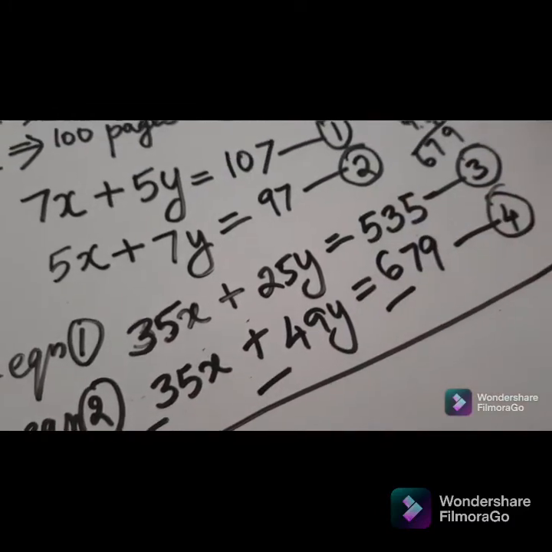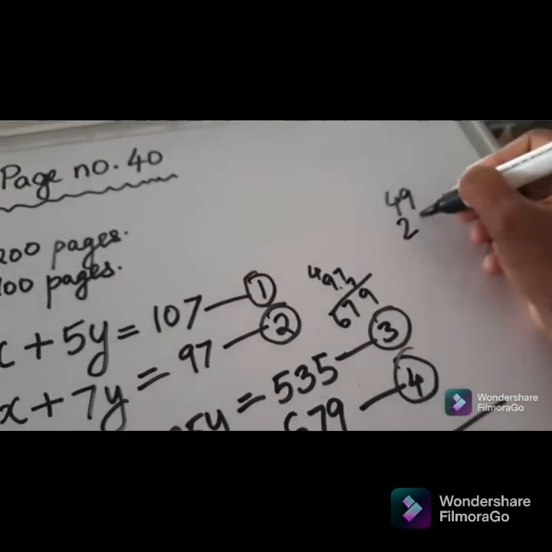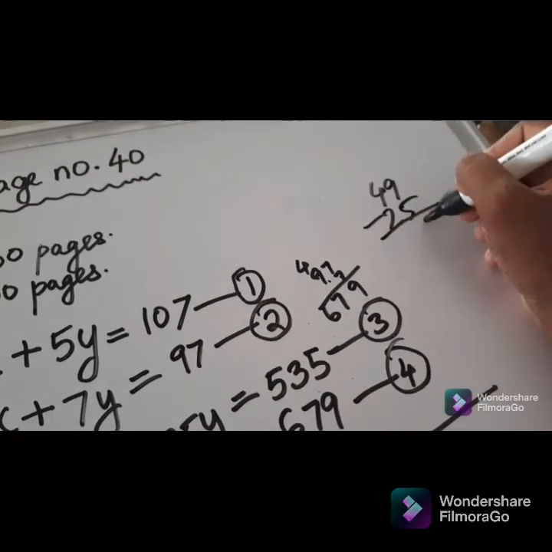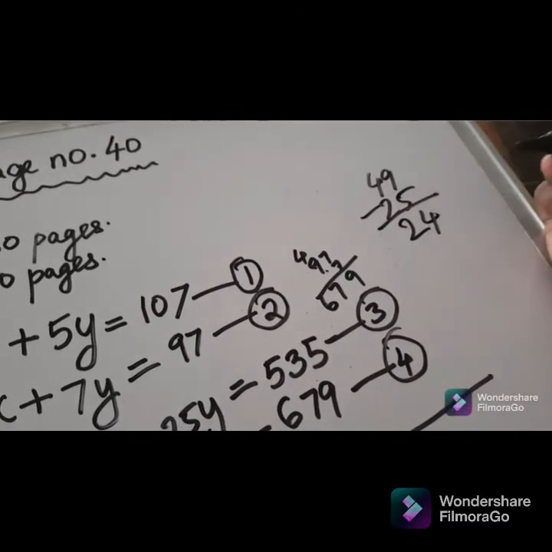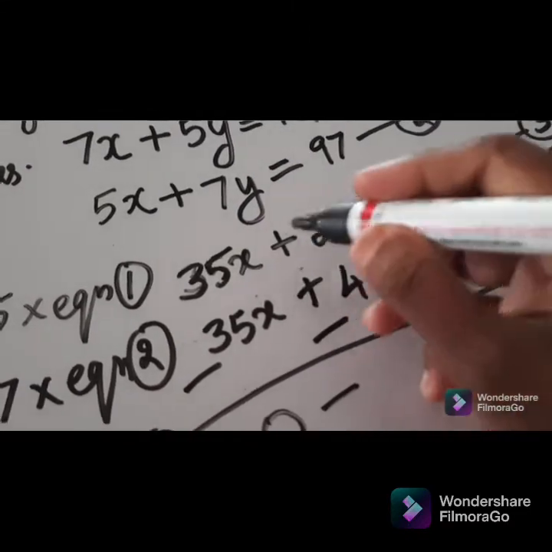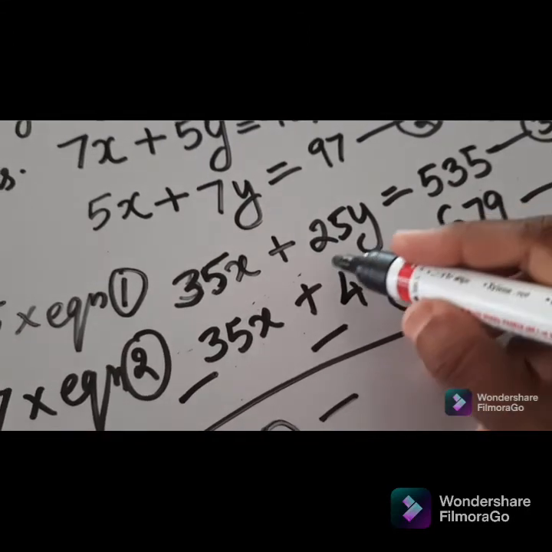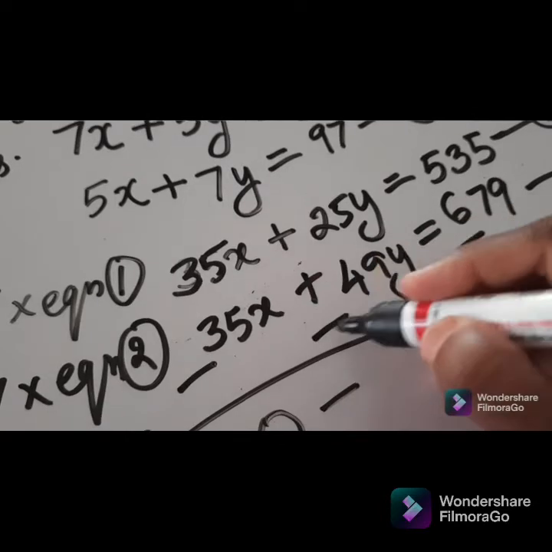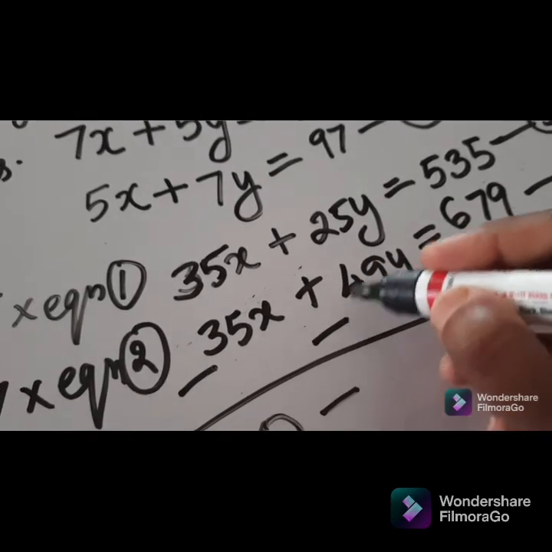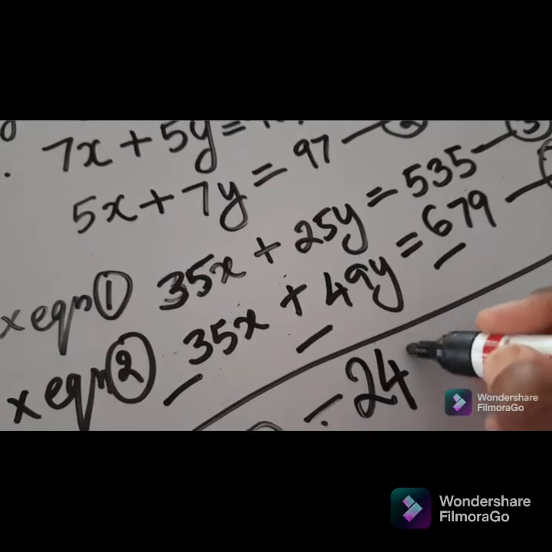Then 25 minus 49 gives 24. One is plus, one is minus, so we subtract the numbers and put the sign of the bigger number. That is, minus 24y.